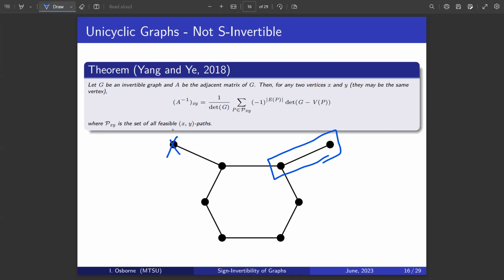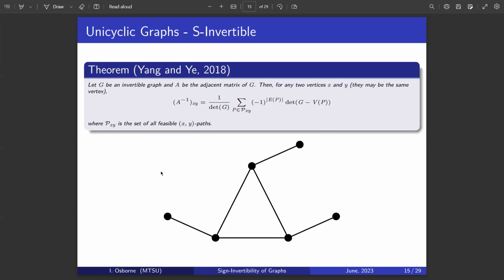So now there's one extra case that we have to consider. Because there's only two pegs, that means that there are two feasible paths between each set of pegs. Like for the last graph, if you wanted to have a path between this peg and this peg, you could come this way, right?